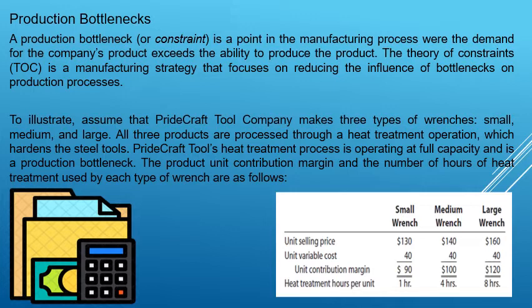Heat treatment is 1 hour per unit. For the medium we have $100, and heat treatment is 4 hours. Lastly, the large is $160 with a unit contribution margin of $120 for 8 hours.